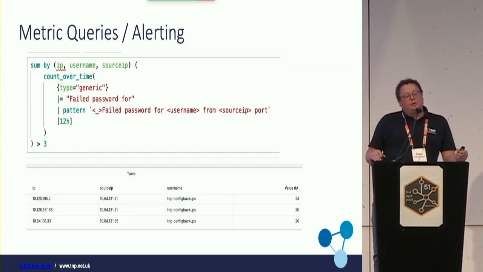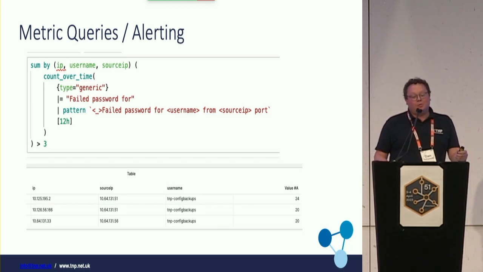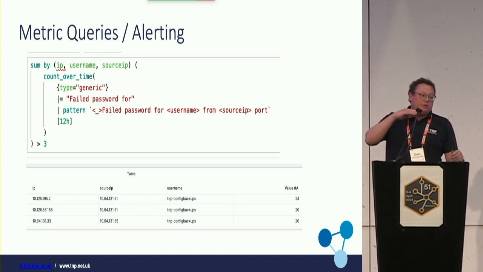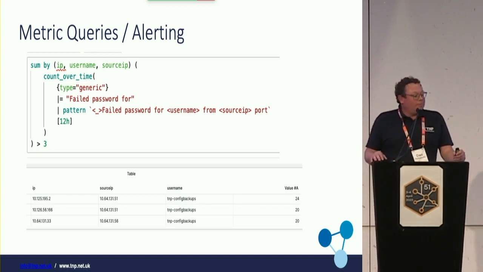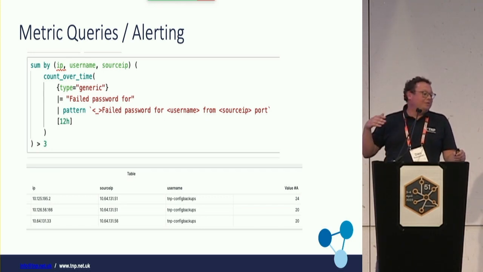So the real power, the magic feature of Loki, is the ability to turn that data into metric queries, so to get values from it. In this case, we're searching for a failed password log line.